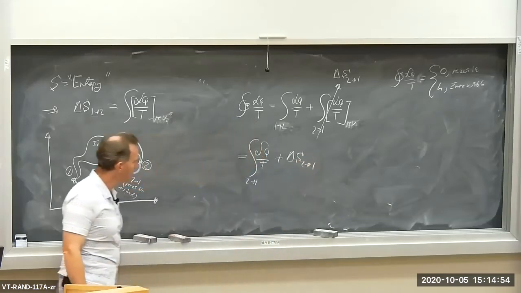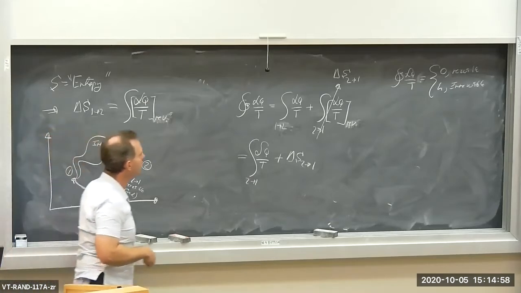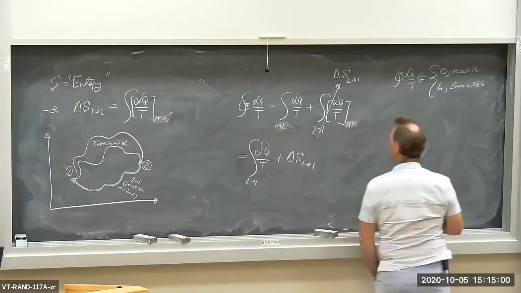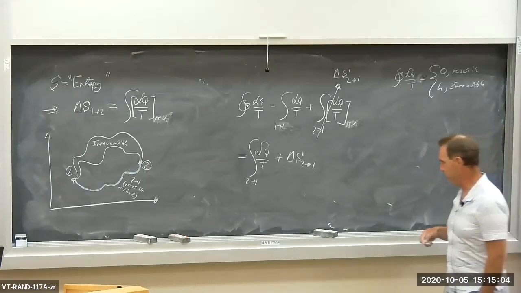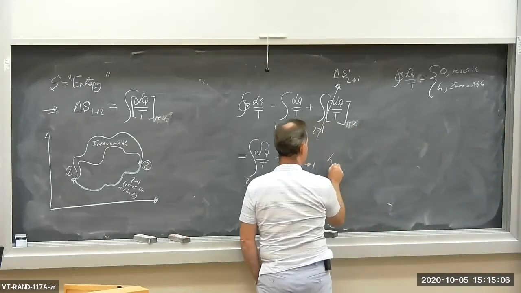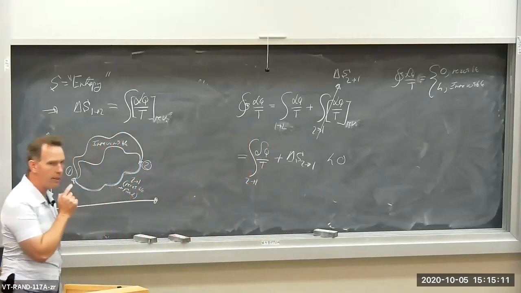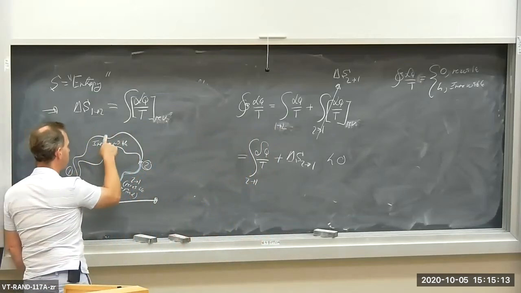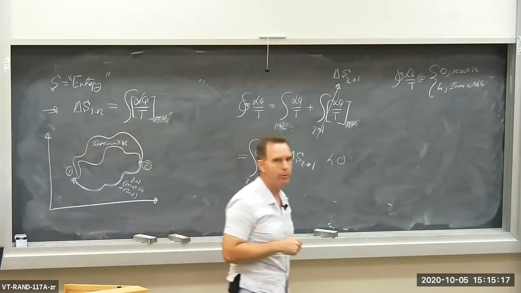Now, because there are some irreversibilities in the cycle, the Clausius inequality says that the cyclic integral of del Q over T over the cycle has got to be less than 0, because there are irreversibilities present in this process. Any path from 1 to 2, I'm telling you, is now irreversible.